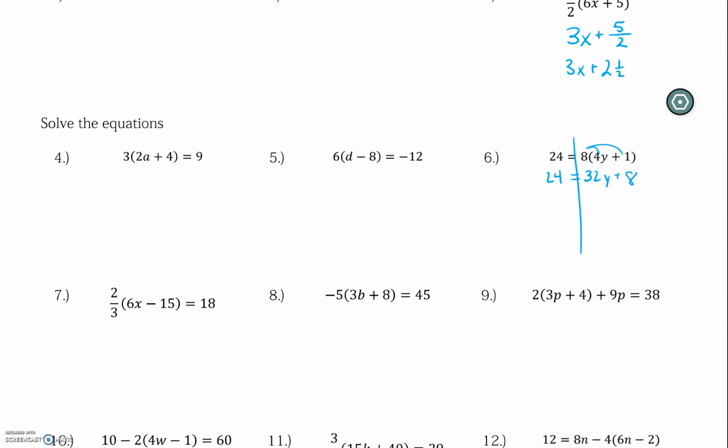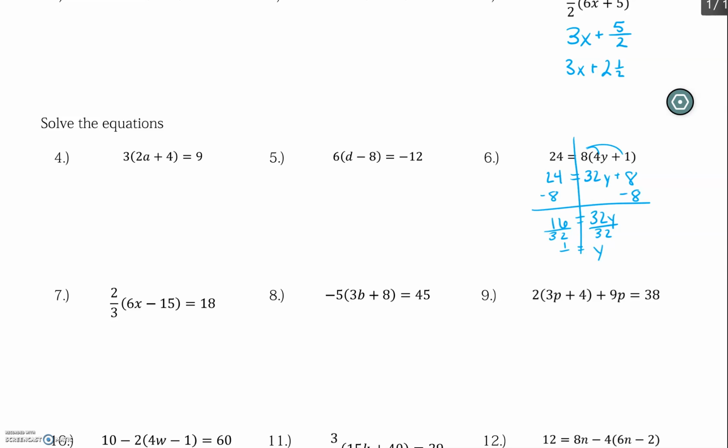Alright, now we're going to go through the solving steps. Subtract 8. 24 minus 8 would be 16. 32 and y are being multiplied, so I'm going to divide by 32. And I'm going to simplify this. 16 is actually half of 32.